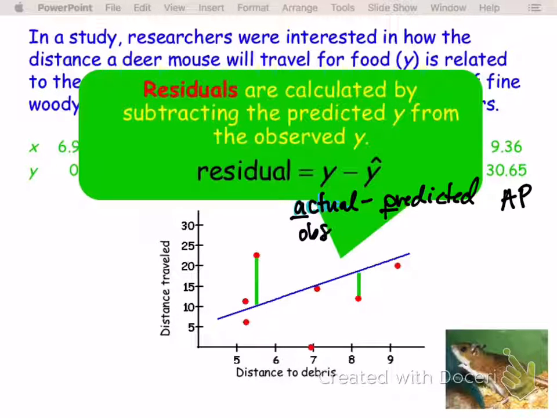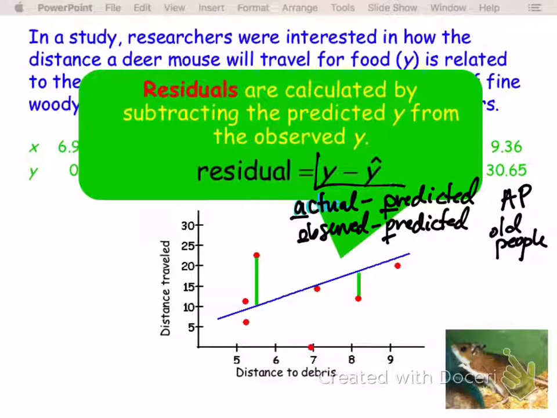Or you could also use observed minus predicted. And we came up with this my first year, that OP stands for old people. So residual is old people. Residual is AP statistics. You take your actual or your observed minus the predicted one. So Y minus Y hat. You do have to have this memorized.